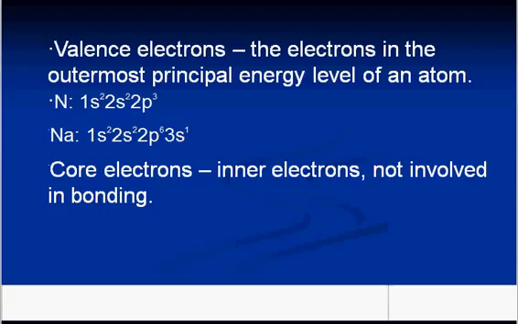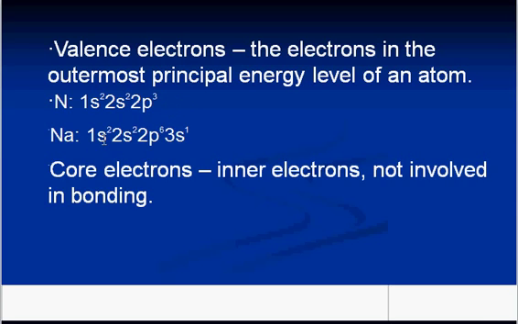Talk about valence electrons. Those are the electrons in the outermost principal energy level of an atom. So if I look at nitrogen here, my outermost energy level is 2. So my valence electrons would be 2 from this 2s and 3 from the 2p. So for nitrogen, I have a total of 5 valence electrons.